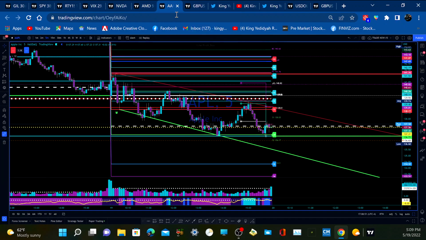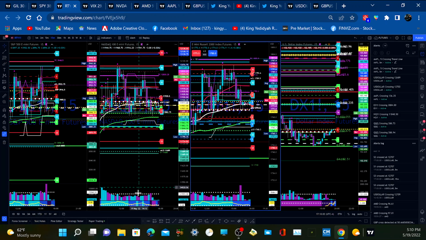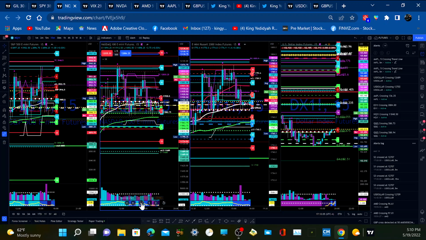And if we do get this flush down tomorrow, which I think is going to happen, because I think overnight the US dollar is going to start moving up, and we're definitely going to start getting some movement downwards, especially on, let me see, the futures.